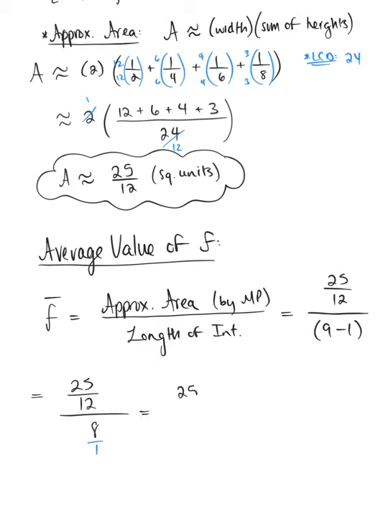This is 25/12 multiplied by 1/8, which leaves us with that beautiful final answer of 25/96. And so this is our final answer here for the average value of our function f over the interval 1 to 9.